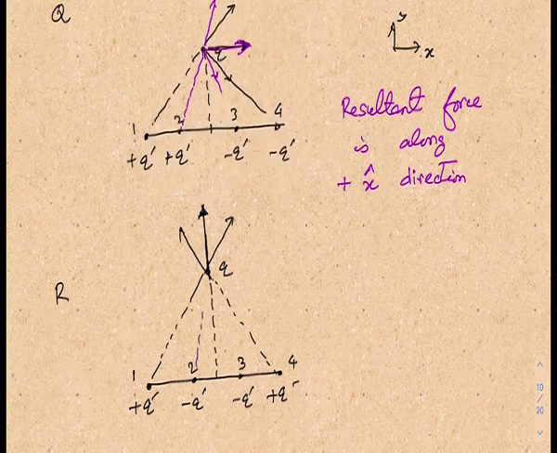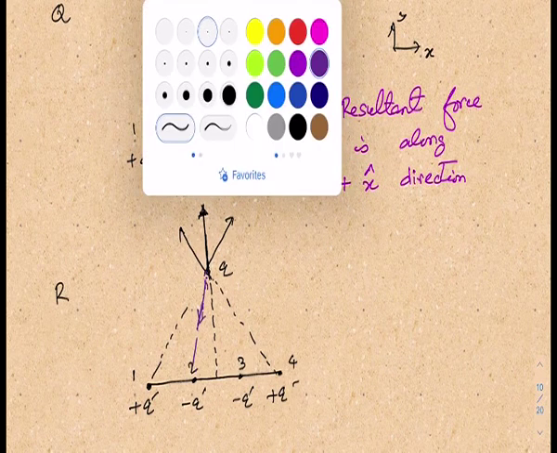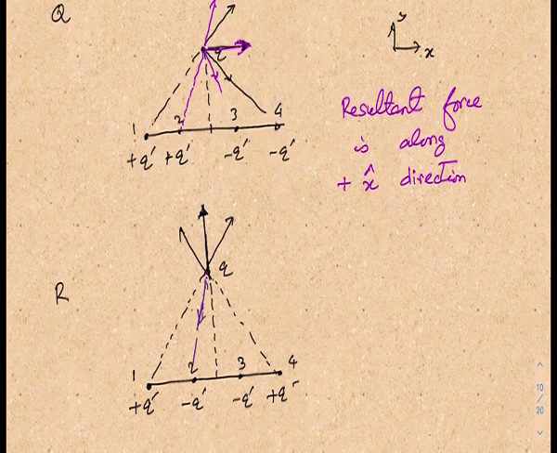Due to 2 and 3, this would be along this direction, and due to 3, it would be again along this direction. So due to 2 and 3, the force would be in the downward direction. But do they cancel out? It's not so, because the magnitude of the forces would be different.